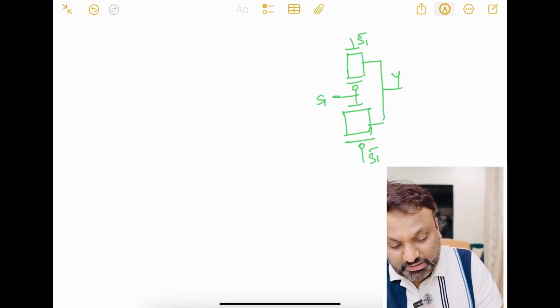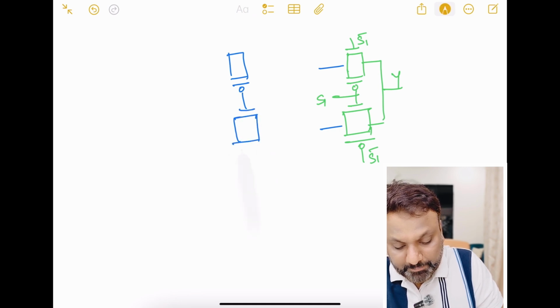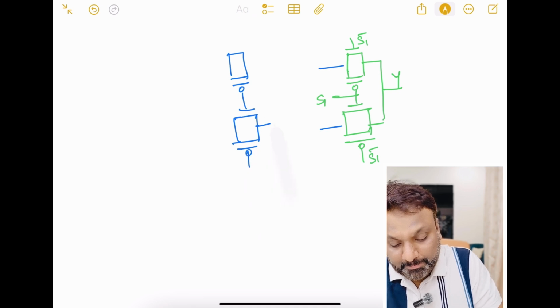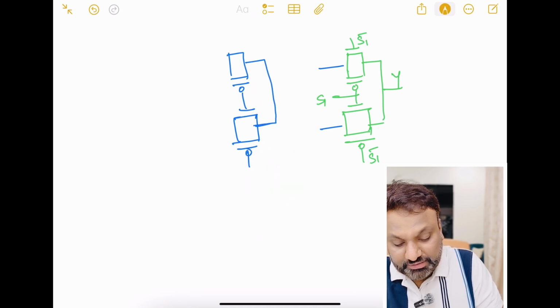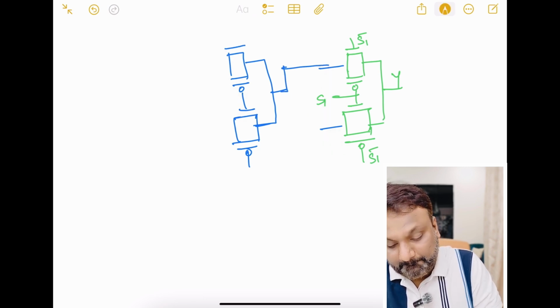For the second one, I have another transmission gate, whose output is connected to this particular input.